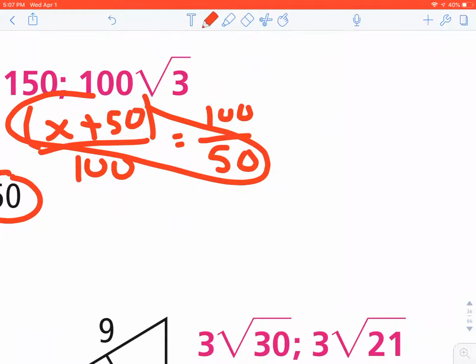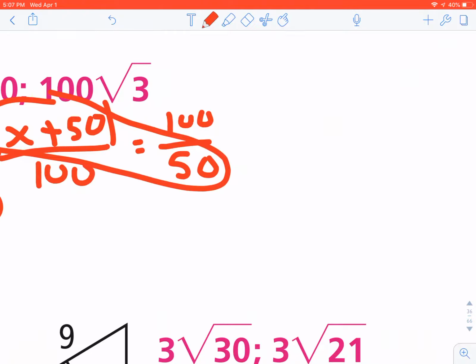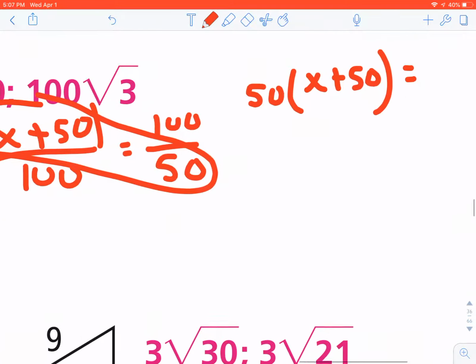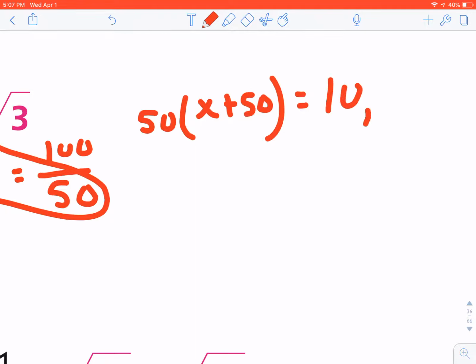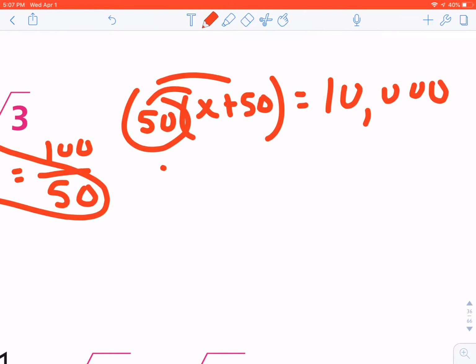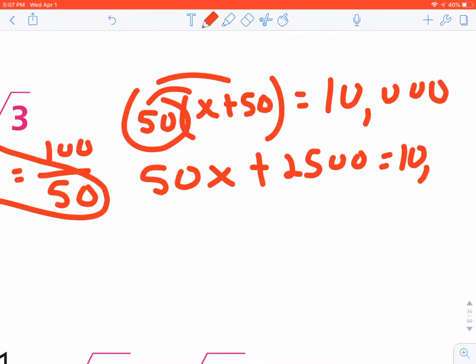If I cross multiply, I'm going to get 50 times x plus 50 is equal to 100 times 100, which is 10,000. Okay? Distribute your 50 through. 50x plus 2,500 is still equal to 10,000.